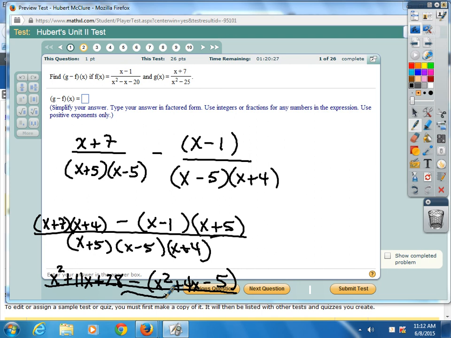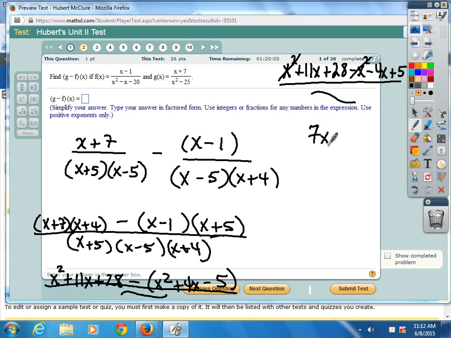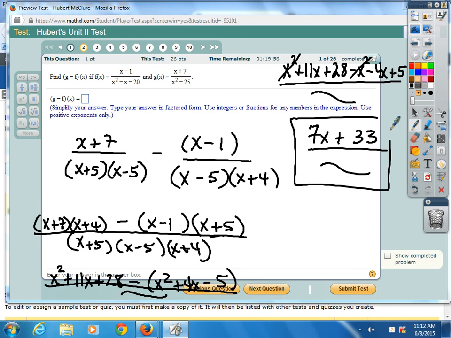That gives x squared plus 11x plus 28 minus x squared minus 4x plus 5 over the common denominator. What happens to the x squared? They cancel. 11 minus 4 is 7, and 28 plus 5 is 33. That should be it, because you can't do anything with that. 7 is prime, and the only numbers divisible into 33 are 3 and 11.